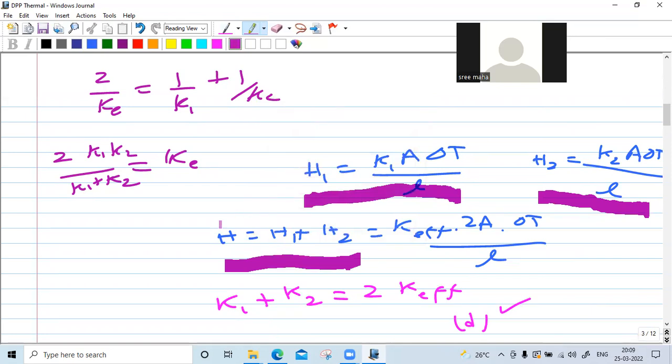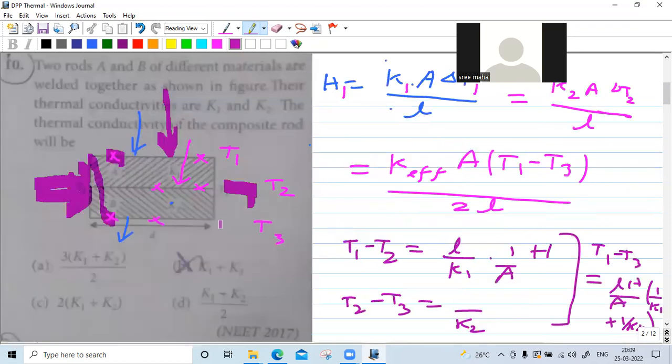Because H1 is from A and the amount of heat entering B is H2. So the total heat which is entering this composite thing from the left is H1 plus H2.